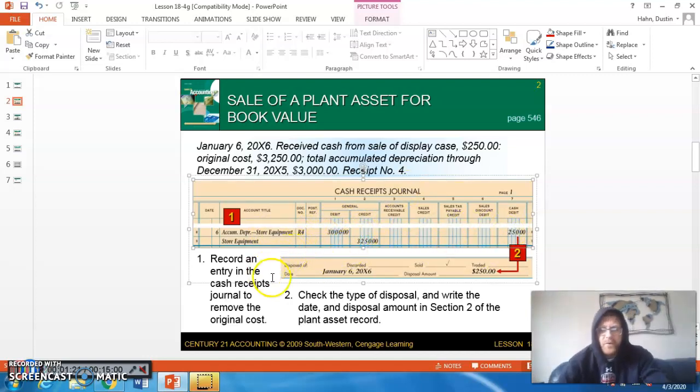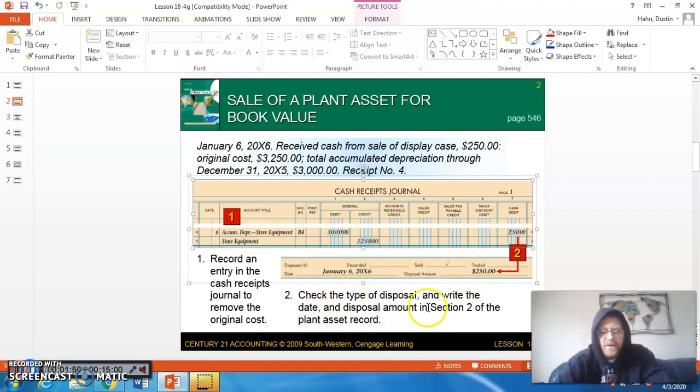First step, record an entry in your cash receipts journal to remove the original cost. Right there is where we're working. Then two, this section, I told you in section 2 to leave blank right now. Here's where we come back and fill that in. Section 2 is to check how you got rid of the asset, then the date that you got rid of it, and then the amount.